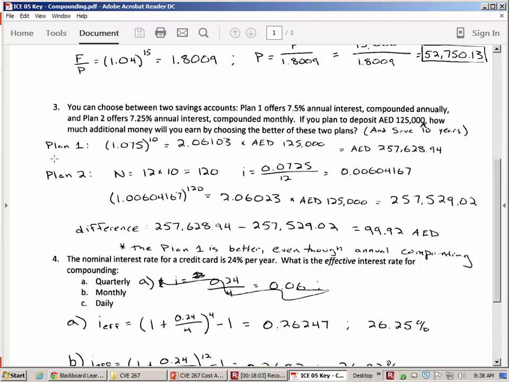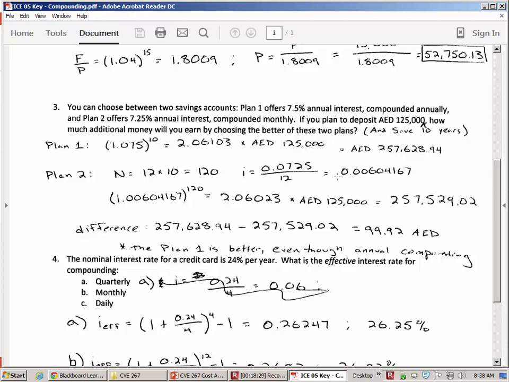So you can see that I is the interest rate per period. So what is the period? Is the period a month, a year, a day? You need to look very carefully at the problem statement and see what the period is. And here the period on Plan 2 is per month. So there's 12 of them per year. So N is 120 for a 10-year period.